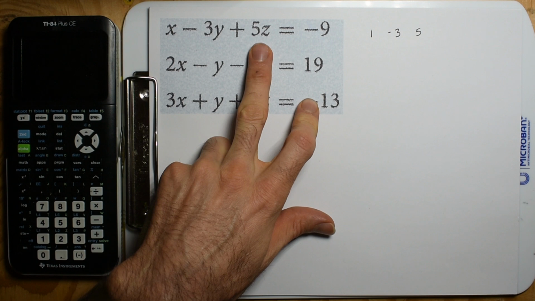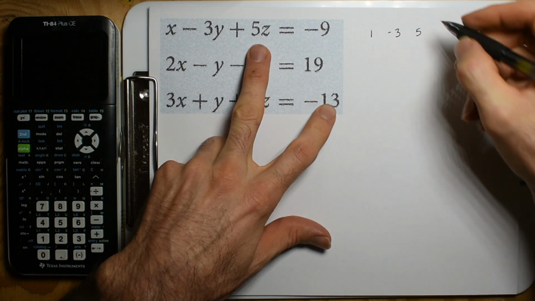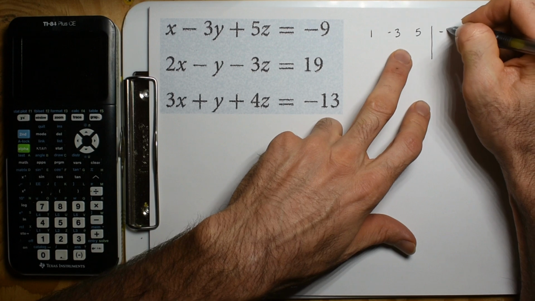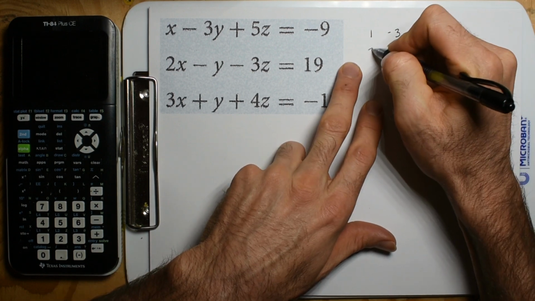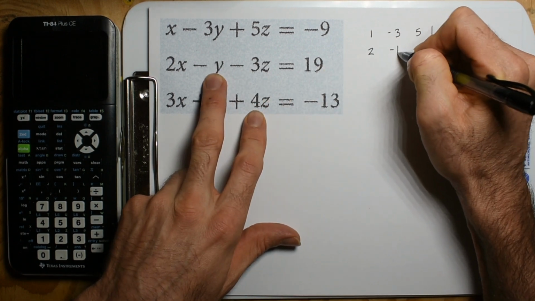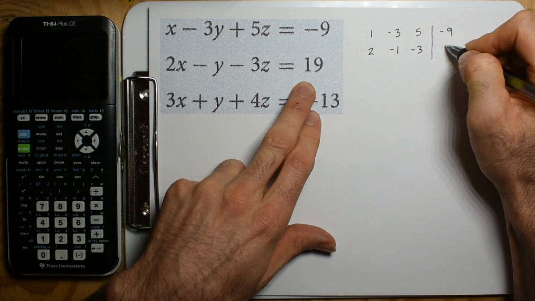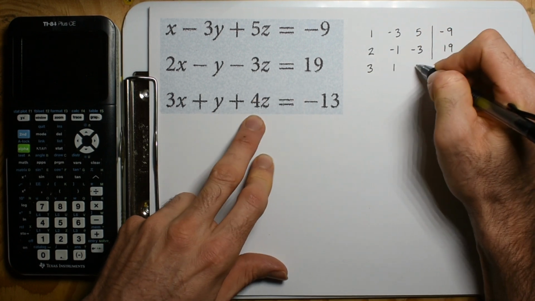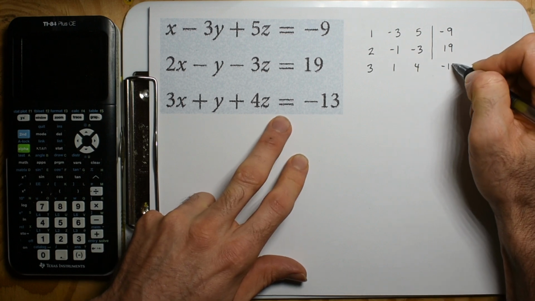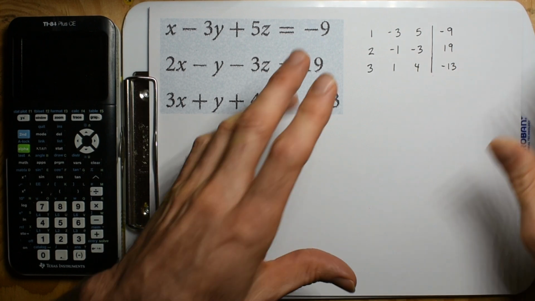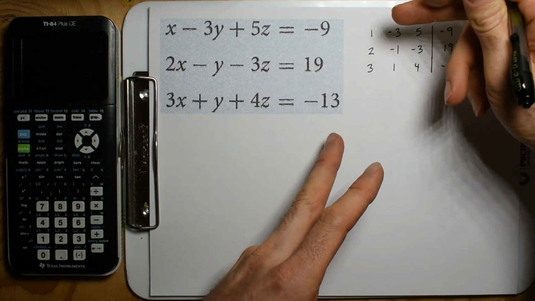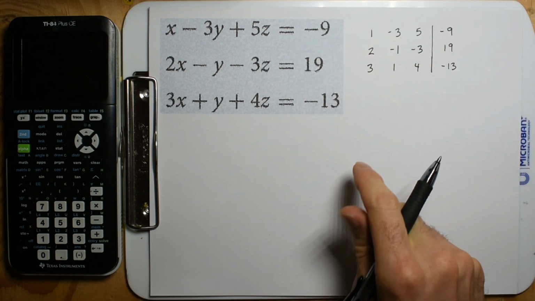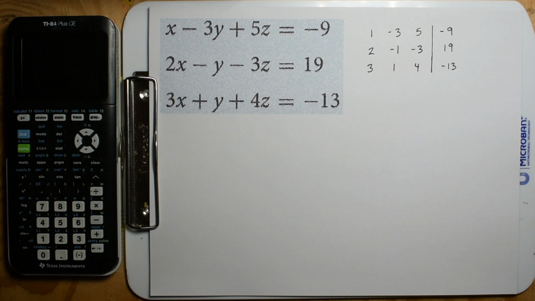And I think they call it an augmented matrix, where you actually draw a line right here, and then you do negative 9, and then you just keep the process repeating. Negative 1, negative 3, 19. And then you have 3, 1, 4, negative 13. And I should always do a double check, a little glance, just to make sure we're good to go. Okay, heck yeah.